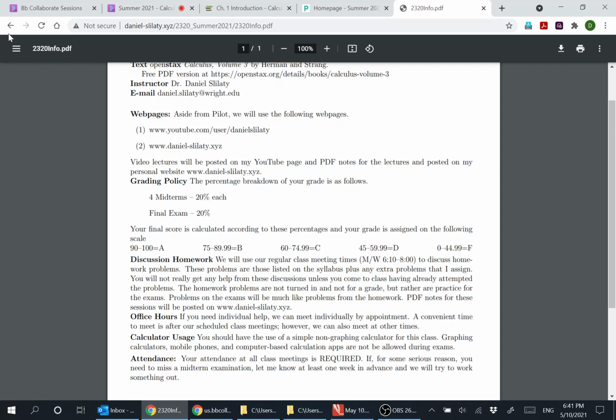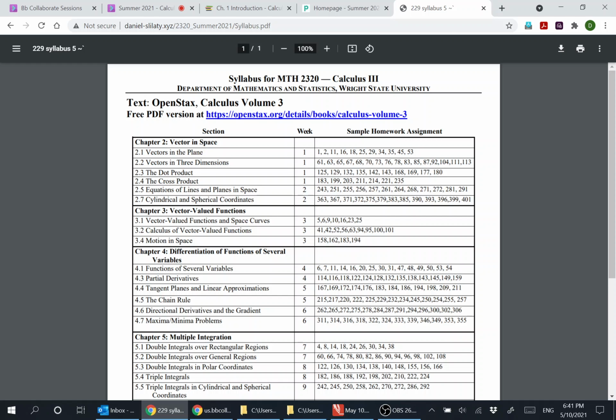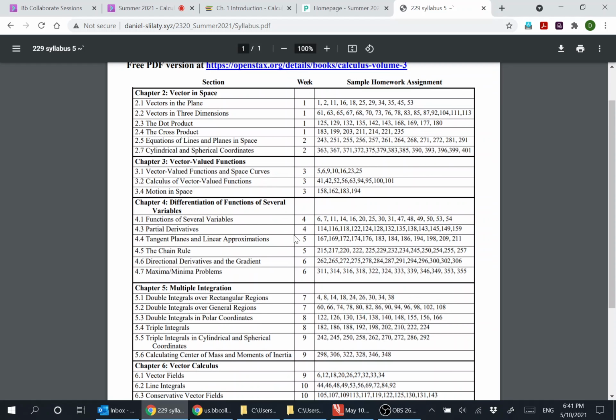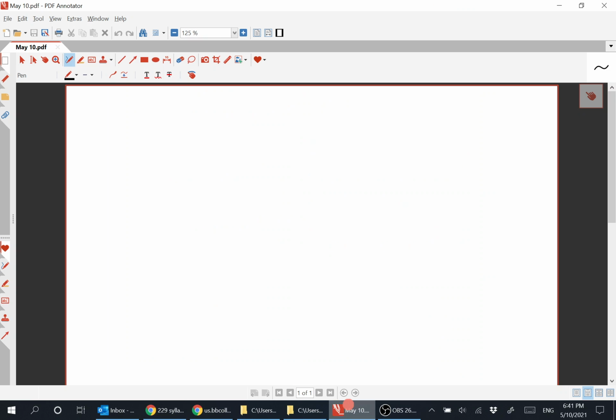If you look at the syllabus, you'll see what the first 4 midterms cover. The first exam, we're going to cover Chapter 2 and 3. Second exam, Chapter 4. Third, Chapter 5. And fourth exam, Chapter 6. So let's write that down.